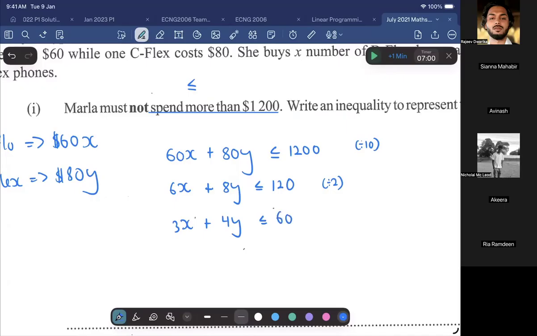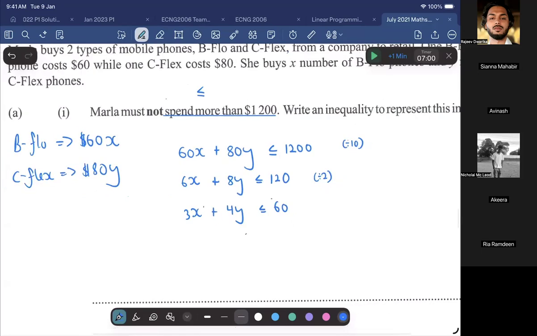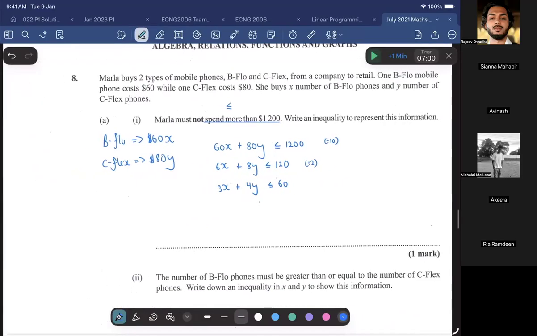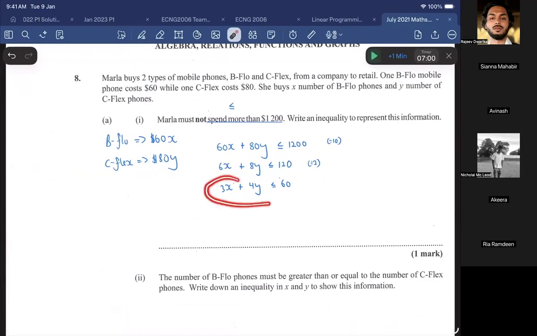So we should have divided by 20 from the start, but this is fine as the simplest answer. Are we okay with that? Yes, sir. Great. Do you all understand that this and this represent the same thing? I just simplified it, I just reduced it.